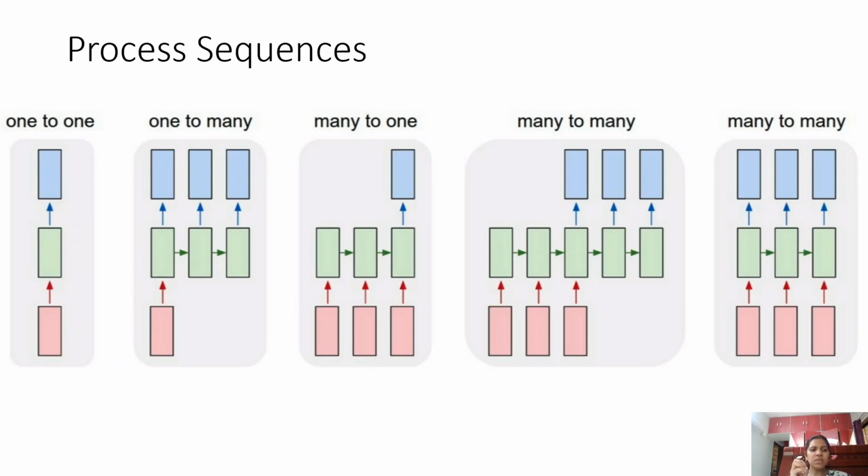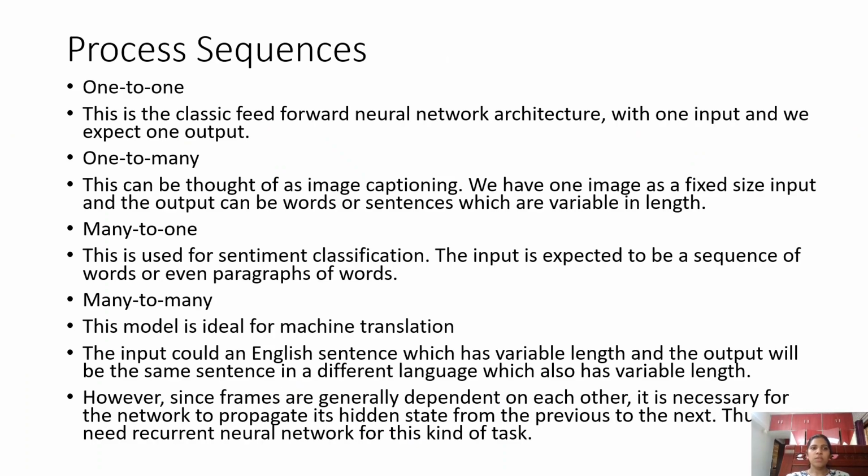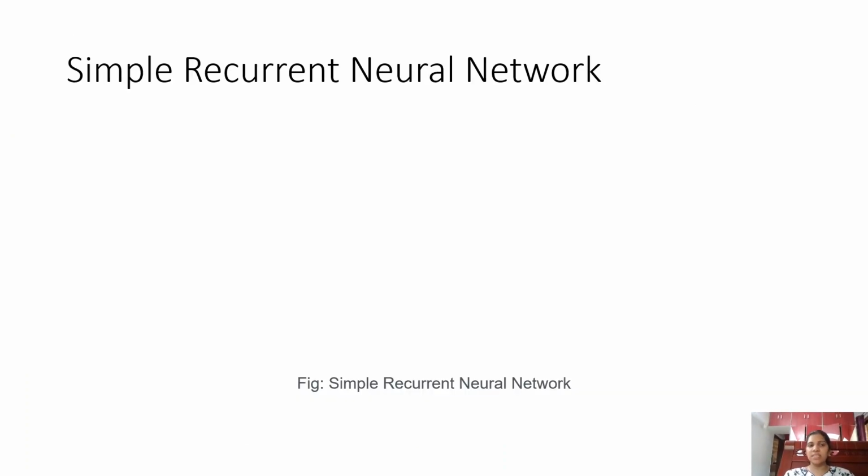However, since frames are generally dependent on each other, it is necessary for the network to propagate its hidden state from the previous frame to the next. So here we require the recurrent neural network, that is, we require some information of the previous content. This is the explanation of one to one, one to many, many to one, and many to many, which we have already discussed.